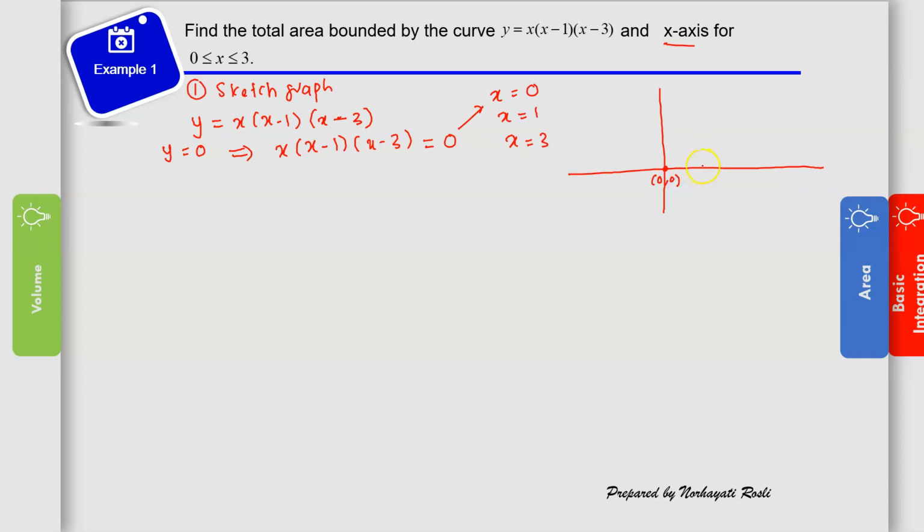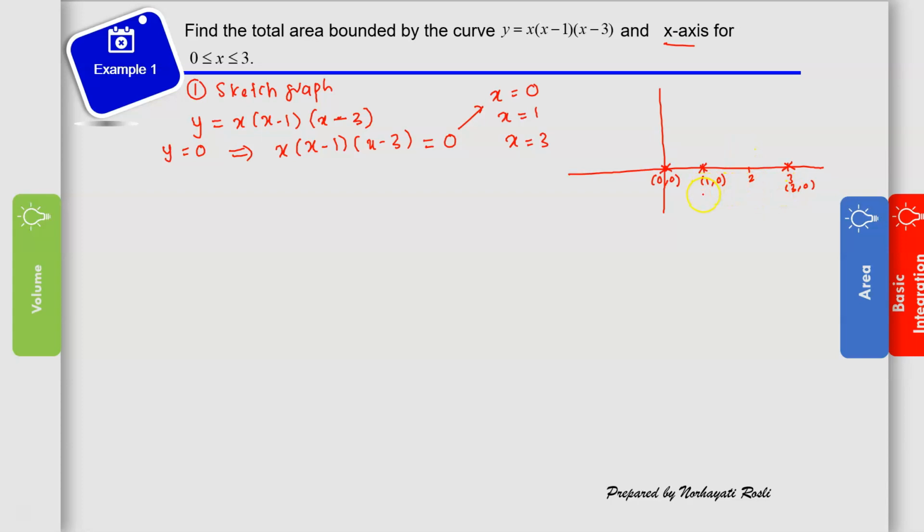And then x equal to 1 is somewhere here, the point (1, 0). Then we have 2, and this one 3. When x equal to 3, we have the point (3, 0). So the points are (0, 0), (1, 0), and (3, 0).